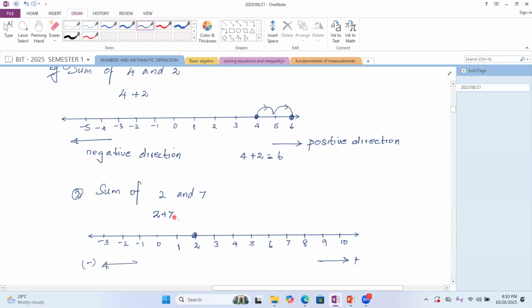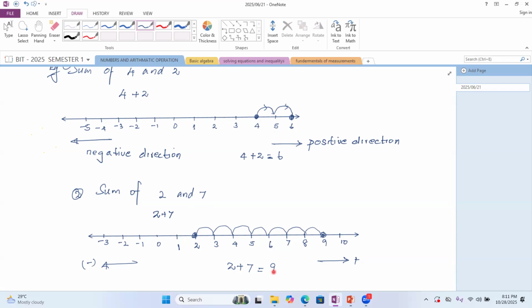So we move 7 units: 1, 2, 3, 4, 5, 6, 7. And we get the result: 2 plus 7 is equal to 9. Right? So we can add 2 numbers.